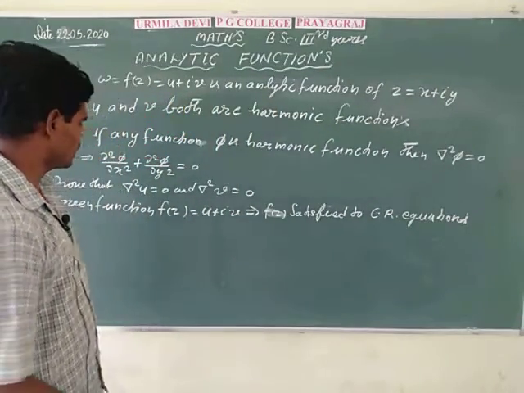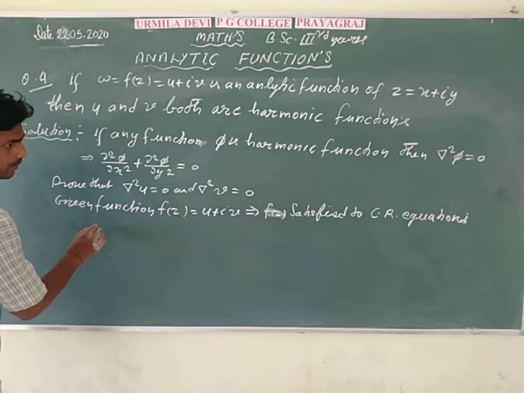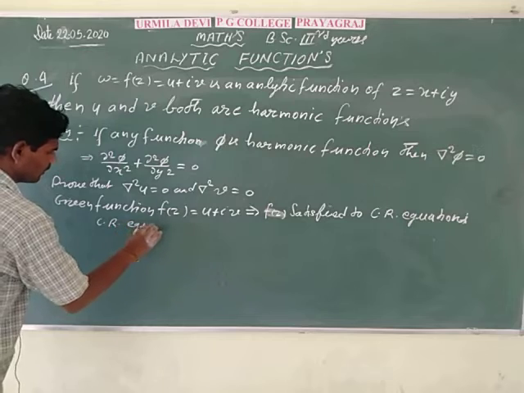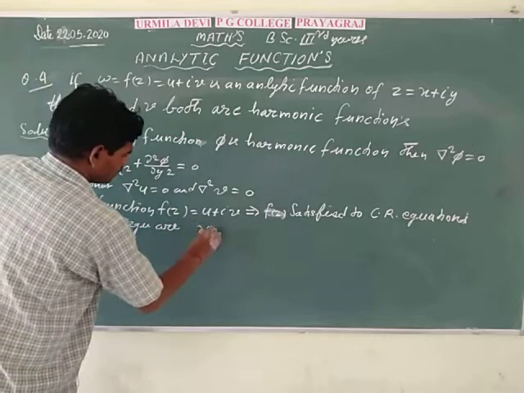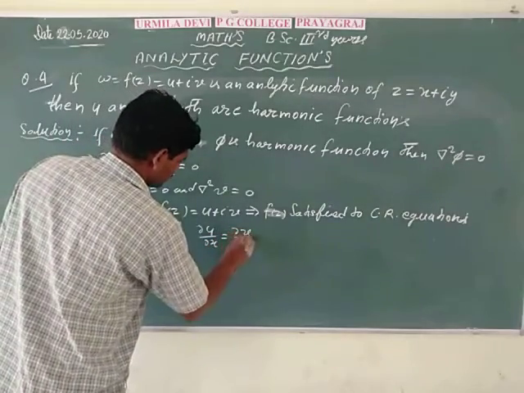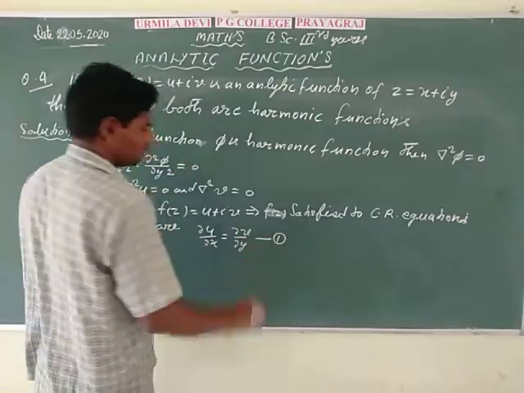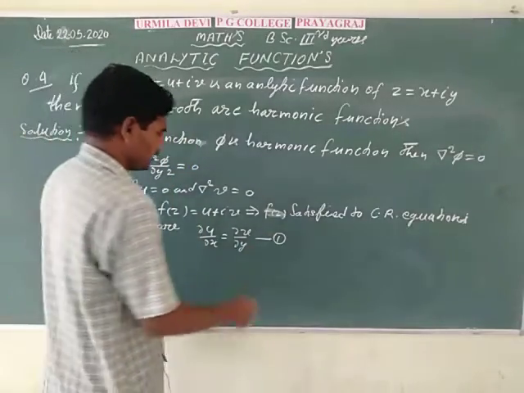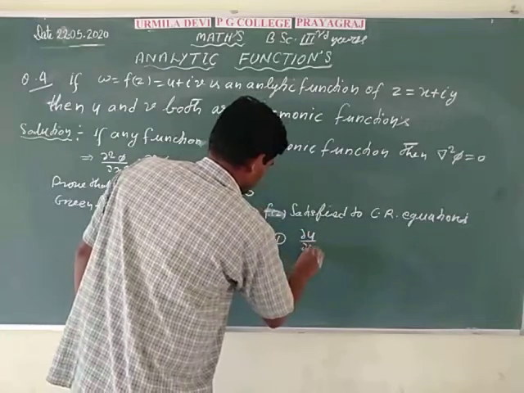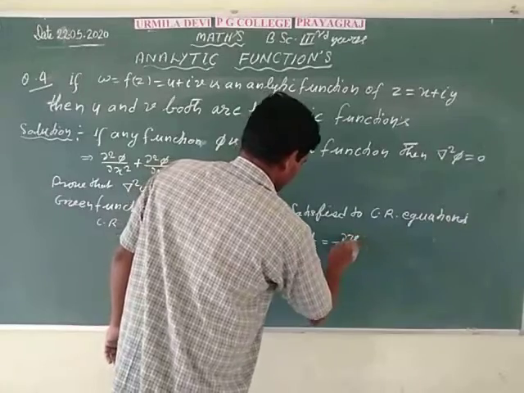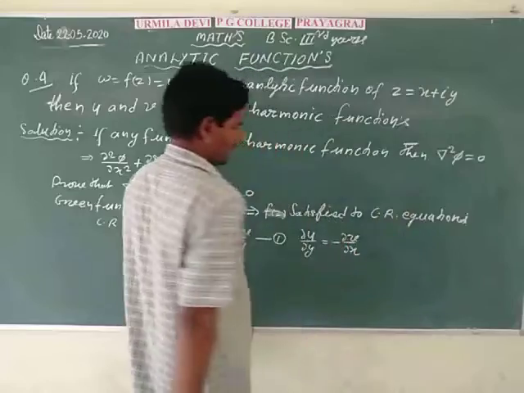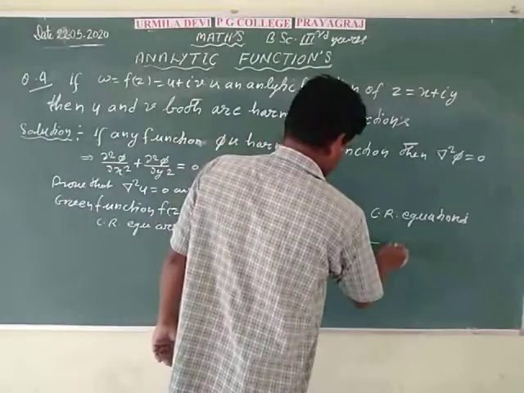Therefore, the CR equations are: del u by del x is equal to del v by del y, the first equation of CR, and the second equation is del u by del y is equal to minus del v by del x, the second equation of CR.